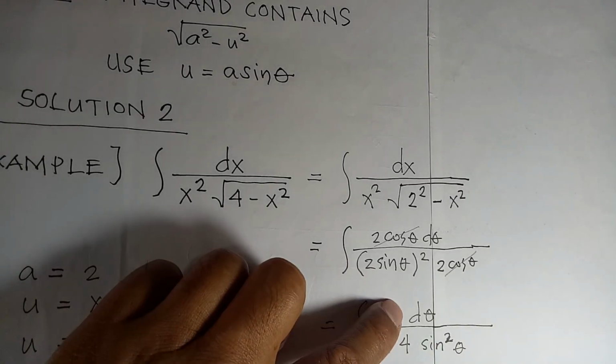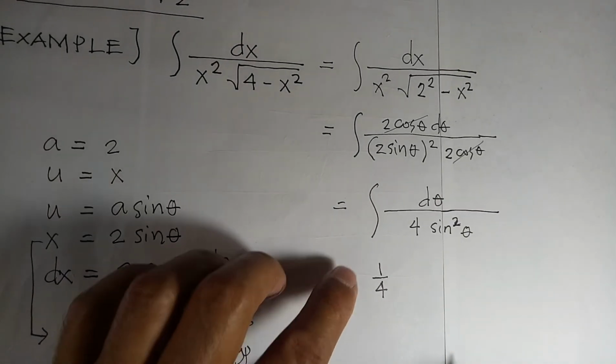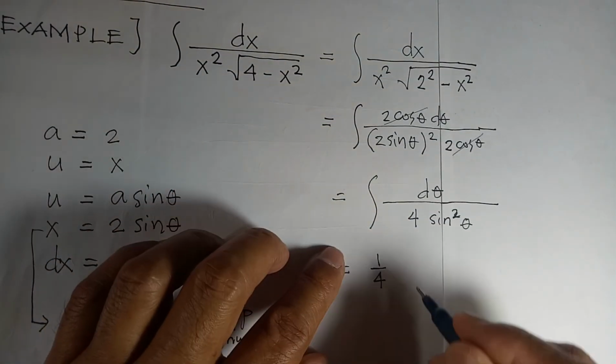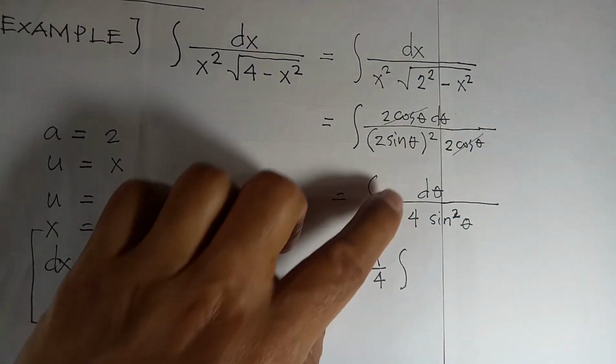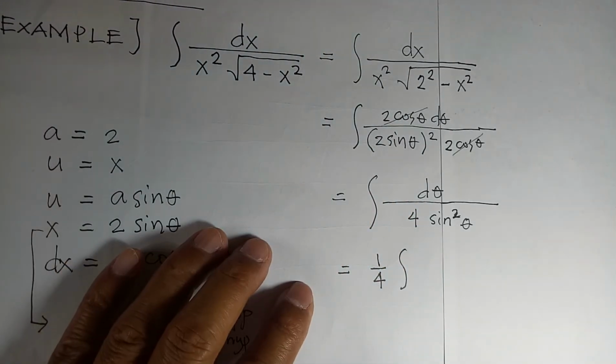So, ating constant ay 1 divided by 4 or 1/4. So, lalabas natin siya ng integral sign. Yan, 1/4. Tapos, integral sign. Yung 1 over sine squared equals sa cosecant squared.